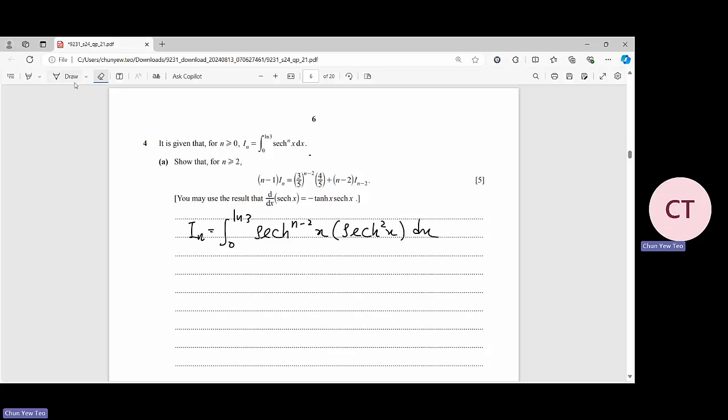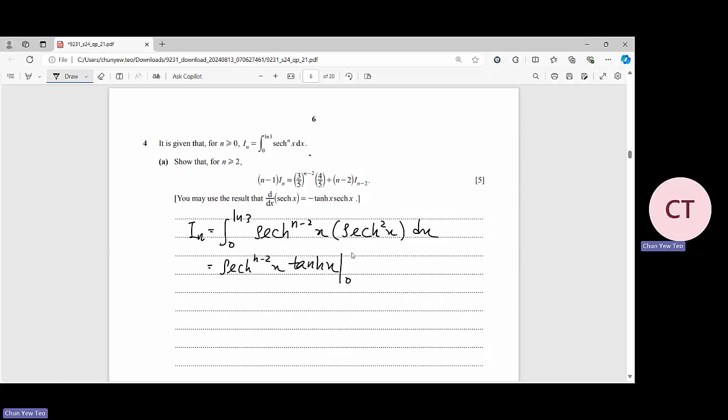This one I'm going to integrate, this one I'm going to differentiate. The one that I differentiate, I copy out first. Then integrating sec squared x, you get tan x. I directly write tan x. I will not show how to integrate this anymore.